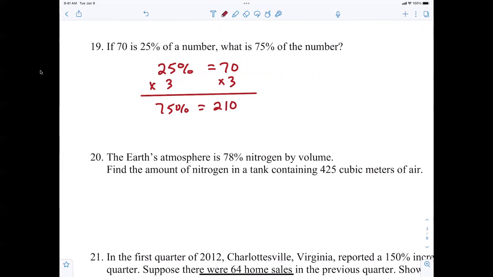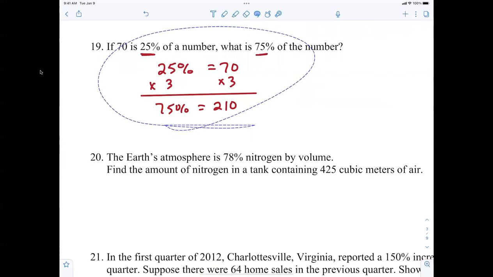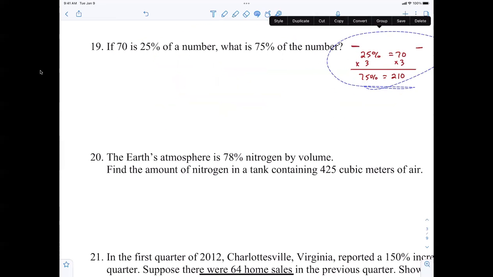If you want to go from 25% to 75%, I don't get what the problem's asking you to do. It's asking you to find 75% of the original number. Let's say for some reason you have no idea what to do.